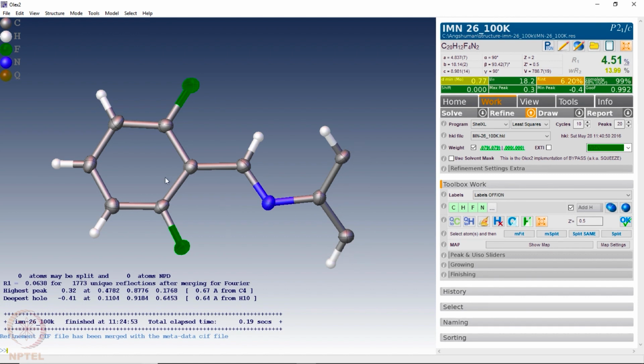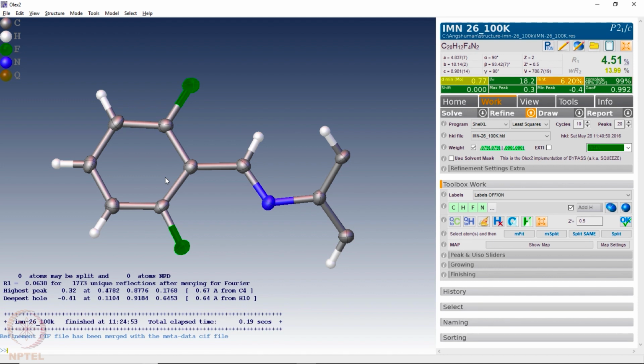Once we have solved the structure and refined well, we have also seen how to validate the structure solution and refinement. If we had made any mistake in the structure solution and refinement, or if there is any problem with the data itself, all those are evident from the checkCIF report, which one has to then address.